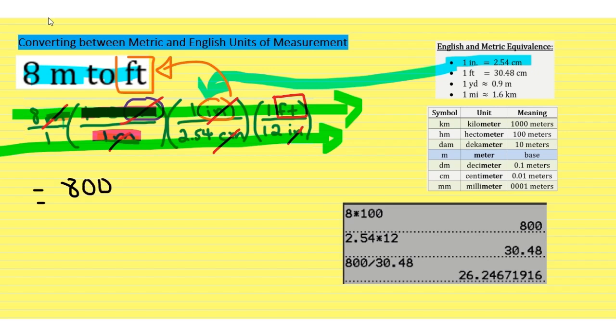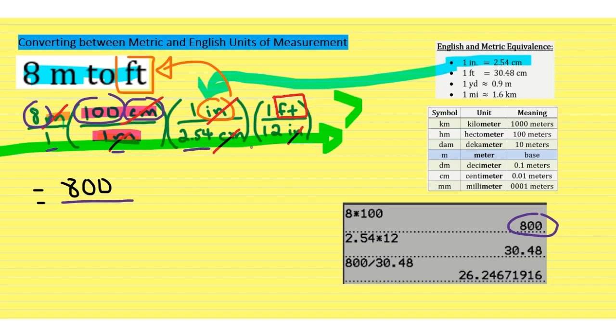And that comes from the 8 times the 100, and that gives us the 800 in the numerator. In the denominator, 1 times 2.54 times 12. That gives us the 30.48.